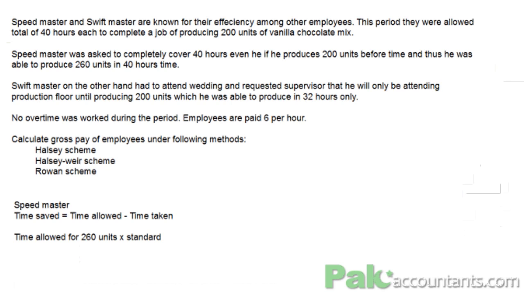So we need the standard rate of time. In order to calculate the standard time, we divide 200 units over 40 hours, and it comes to 5 units per hour.